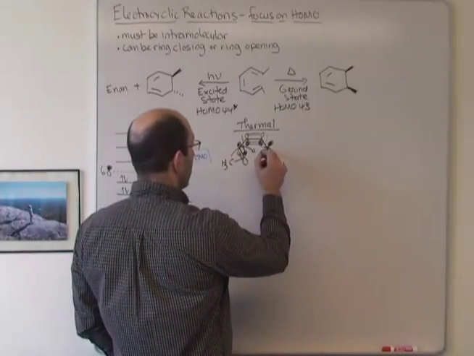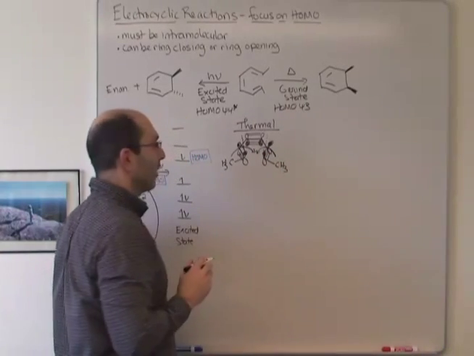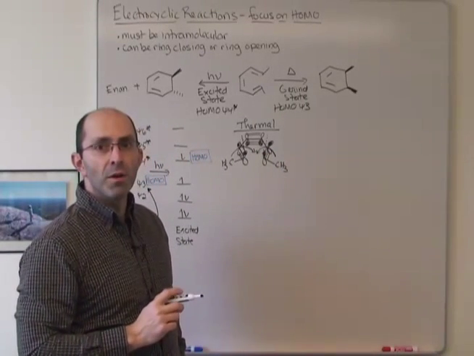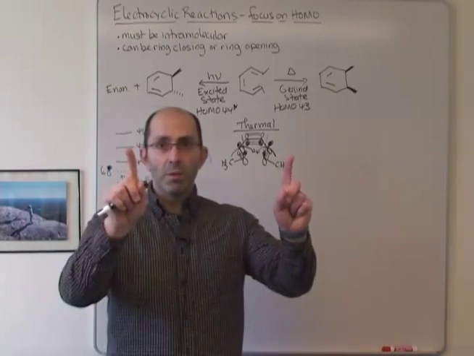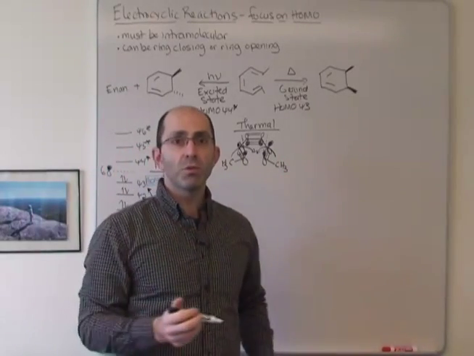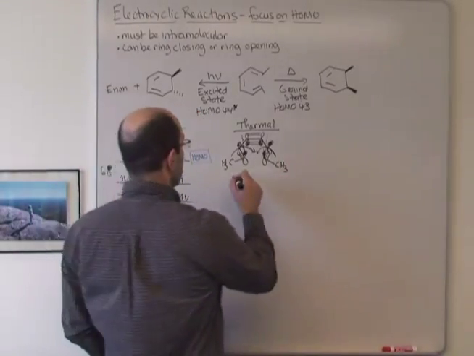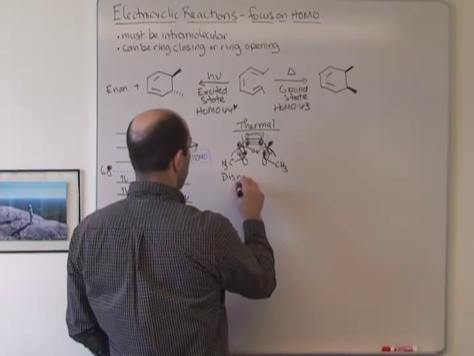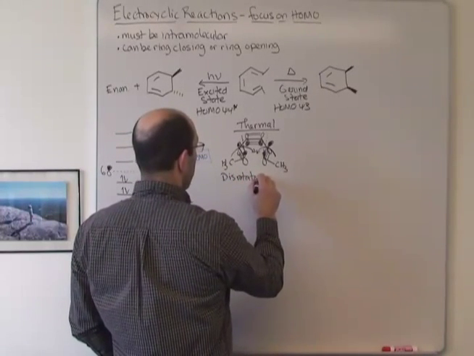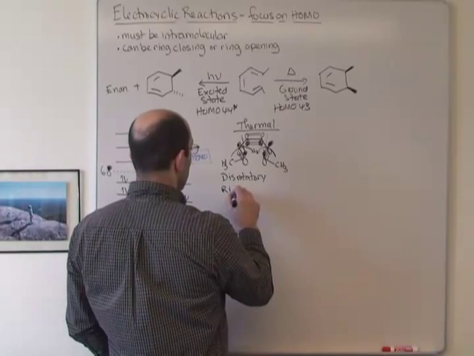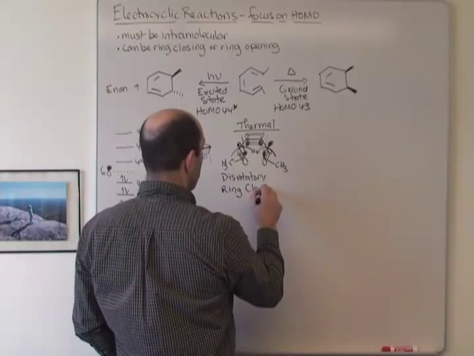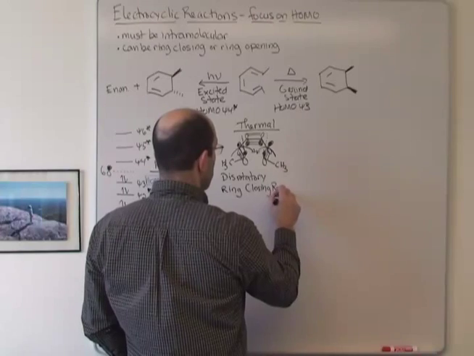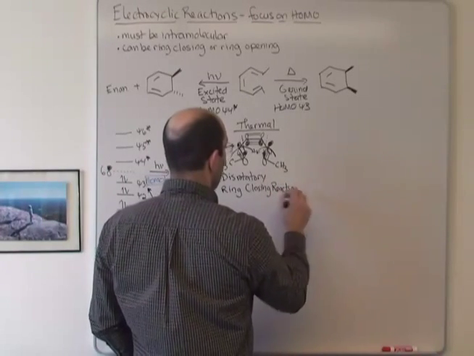So we're going to have to rotate that p orbital in a counterclockwise direction, right? Since we're rotating them in opposite directions, this is called disrotatory, right? So this is a disrotatory ring closing reaction, right?